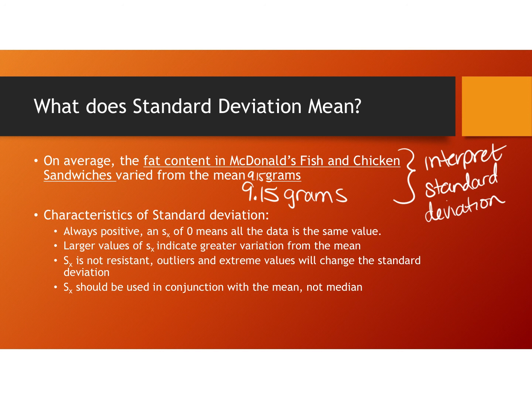Standard deviation is not resistant to outliers and extreme values, so it will be changed if you add outliers or take them out. And we should only use standard deviation in conjunction with the mean, because we needed the mean to calculate standard deviation, not the median. So mean and standard deviation go together, and then we'll talk about how median and IQR go together.